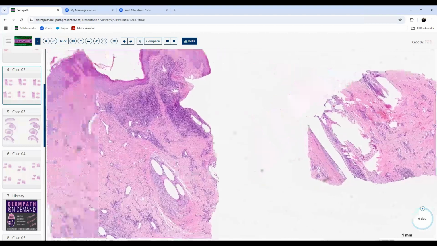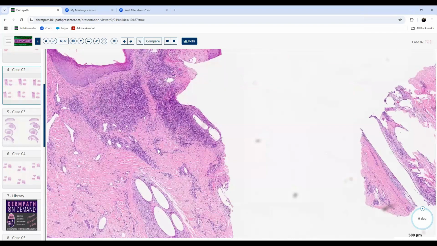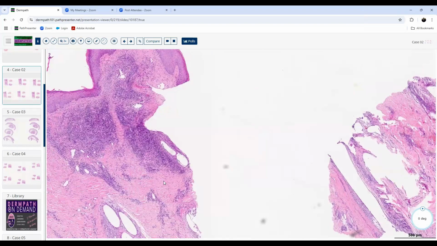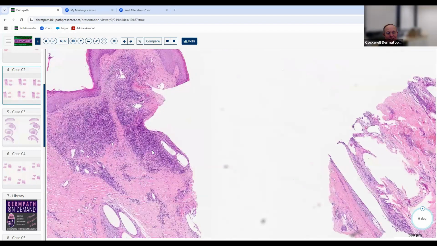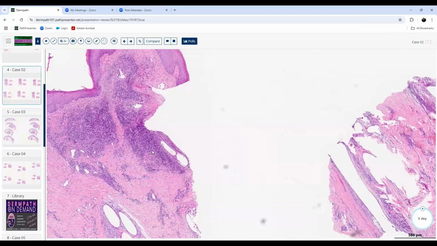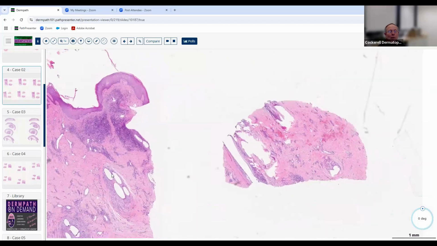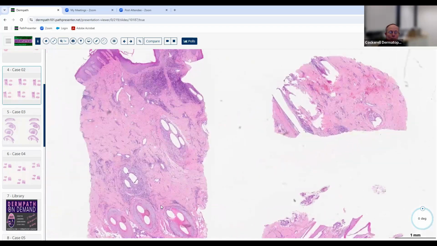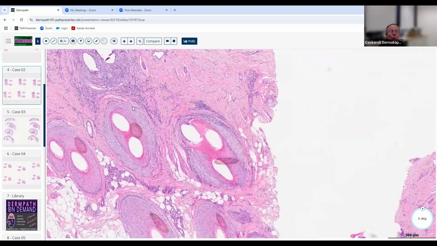So what's the most likely diagnosis here? Maybe LPP, lichen planopilaris. Yeah, you can take the maybe out. Okay. It is lichen planopilaris. And this is what lichen planopilaris does. And this is a later stage lesion of lichen planopilaris. What's kind of interesting about lichen planopilaris, you kind of would think, and these follicles too are damaged.